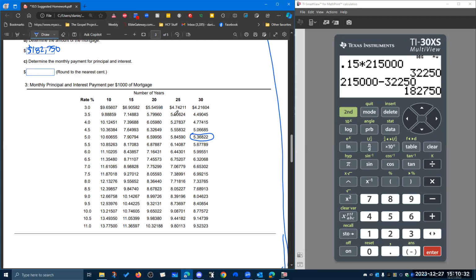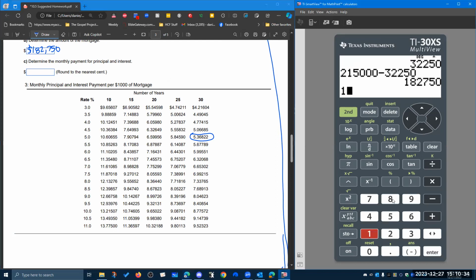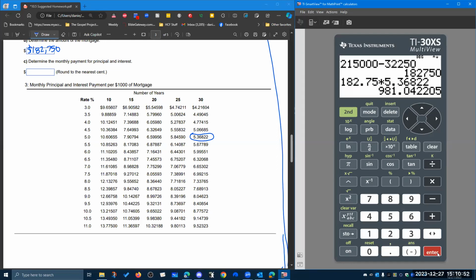And we have 182.75, the amount of thousands of dollars we have for the mortgage, times 5.36822, and we get $981.04. We're rounding to the nearest cent.